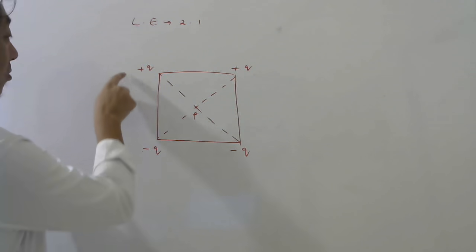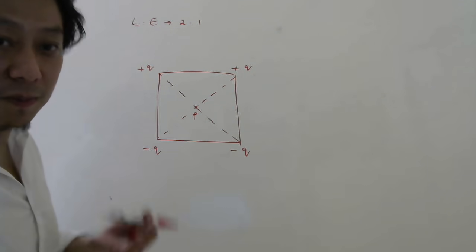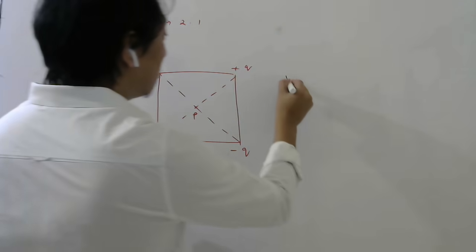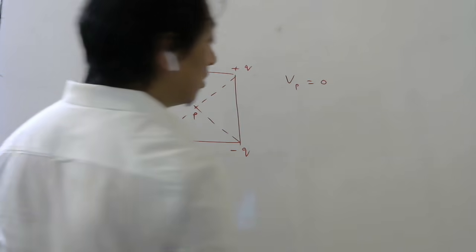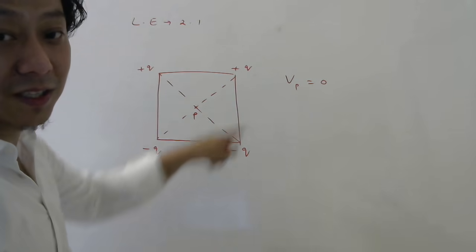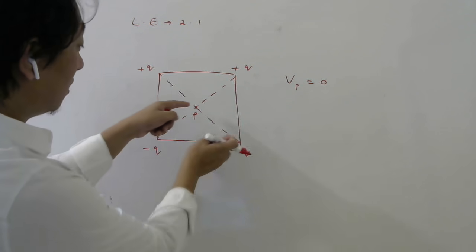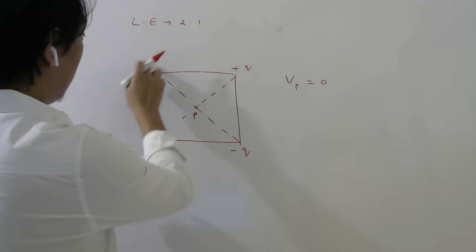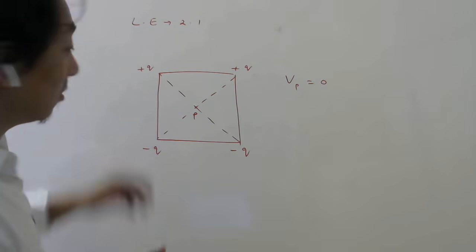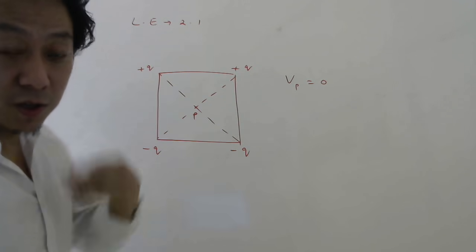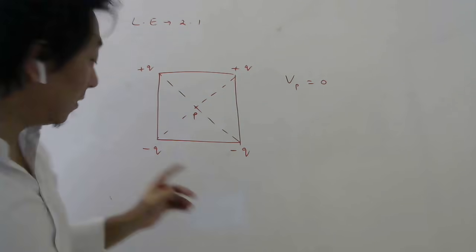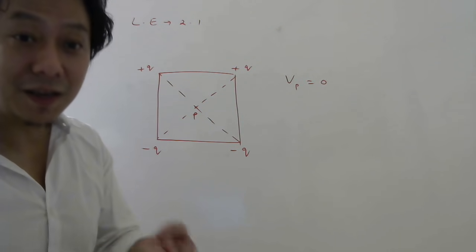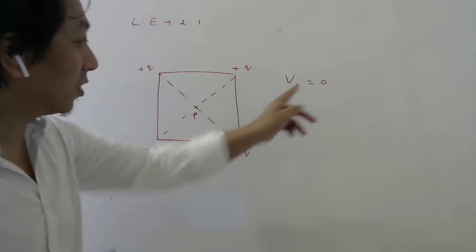You put minus Q here, plus Q here, no problem. Potential will be again 0. So potential at P will be 0 no matter how you keep the charges in the 4 corners, because this distance will be same. Value of charge is also same, except 2 of the charges are positive, so they will produce positive potential, and these 2 will produce equally negative potential. So total potential will be 0.